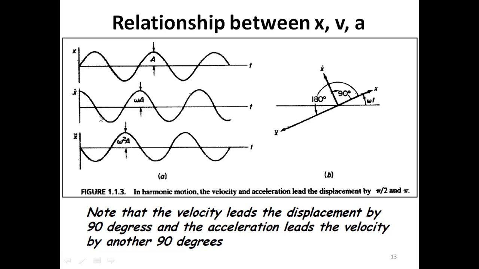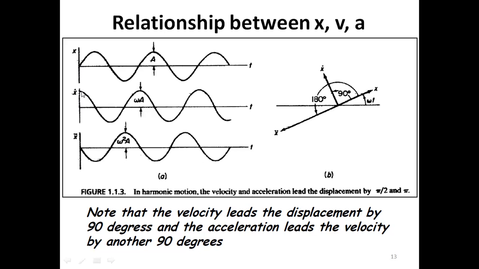If we look at the velocity, during vibration, the mass here is at the equilibrium position, displacement is zero. But we know that at the mean position or equilibrium position, the mass would have maximum velocity.